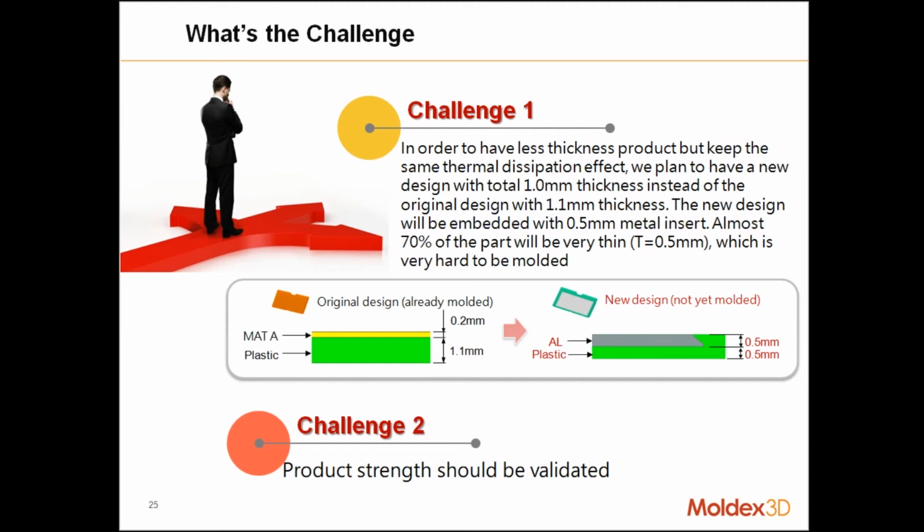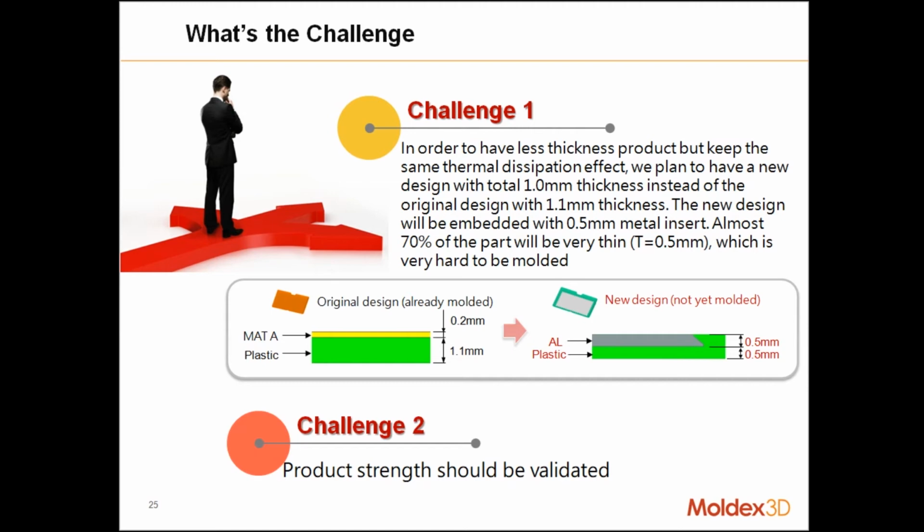In the original design, the part has 1.1 thickness and on the top some high thermal conductivity material. However, the new design will be embedded with a 0.5 mm metal insert and a total 1.0 thickness, as the picture shows on the right hand side.